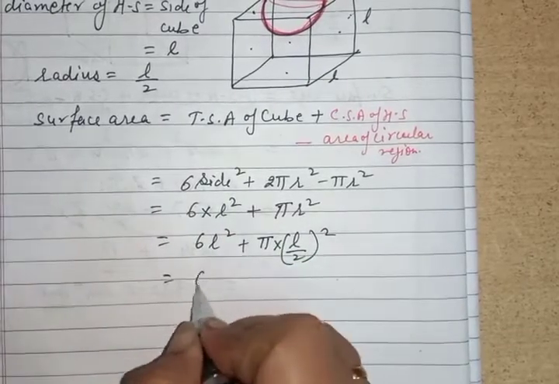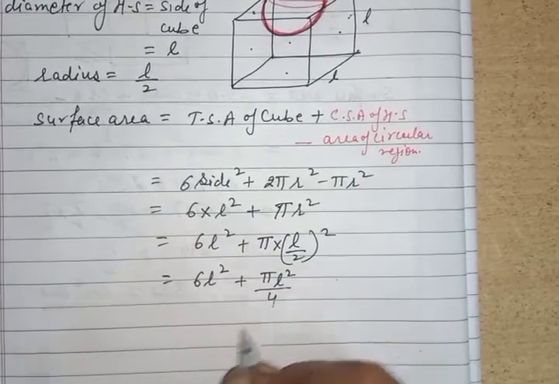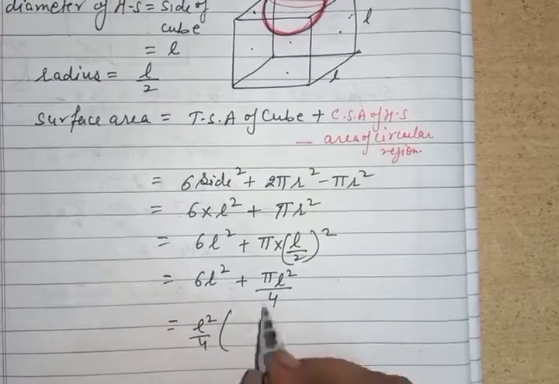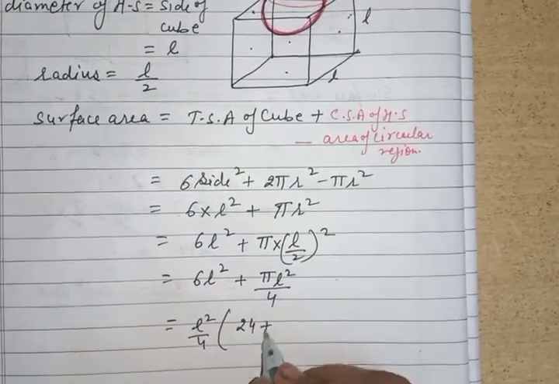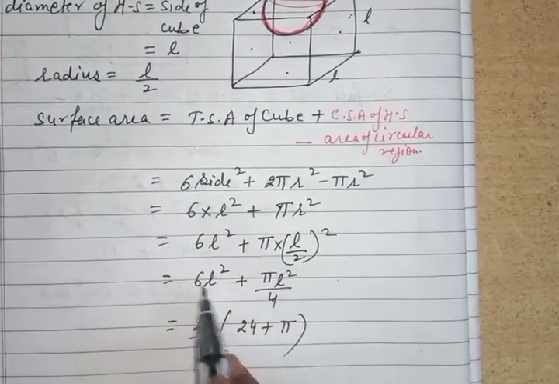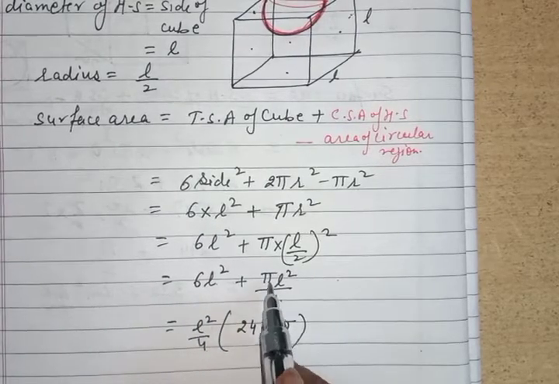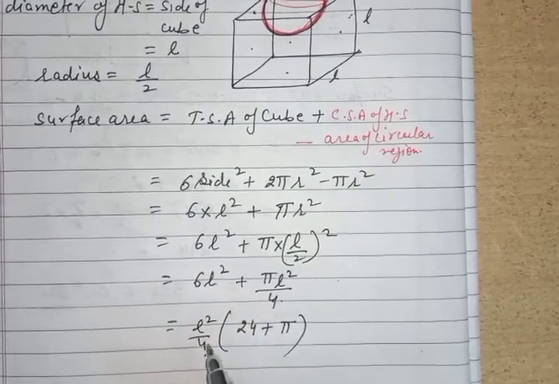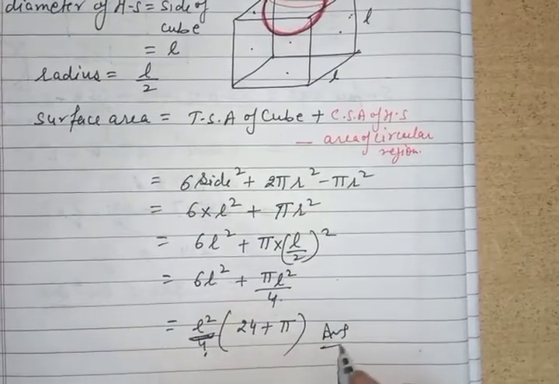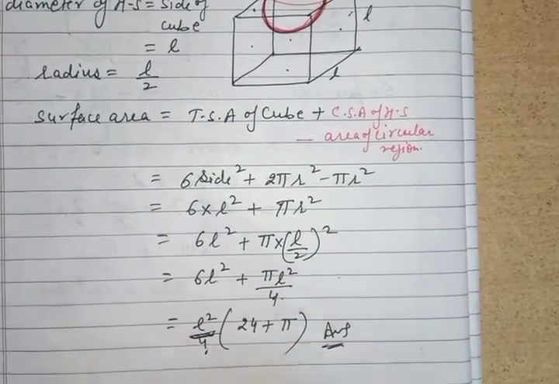So this is equal to 6 L square plus pi L square by 4. After taking L square and 4 common and taking LCM, you will get L square by 4 into (24 plus pi). It's 6 times 4 is 24, L square is common, and 4 is also common in the denominator. So this is the final answer. You can leave your answer here. No need to put the value of pi. Thank you.